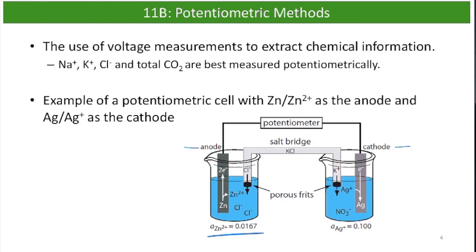We have the zinc 2 plus solution. We have the zinc electrode, which is right here. On the right-hand side, there's the silver electrode and the silver solution, and that is separated by what's called the salt bridge. And then up here is just where electrons flow, and the potentiometer is going to give us a voltage reading, which is the result of joining these two cells together.